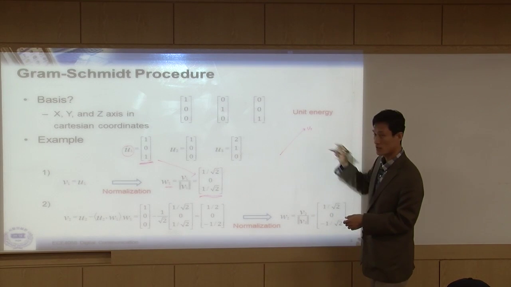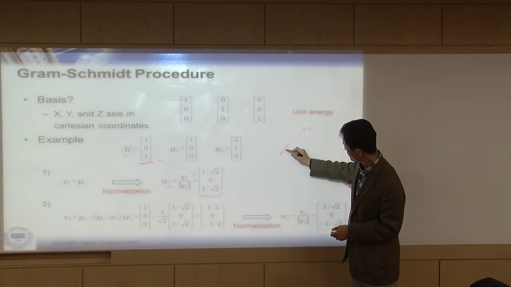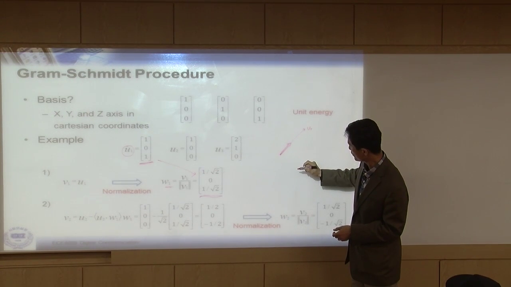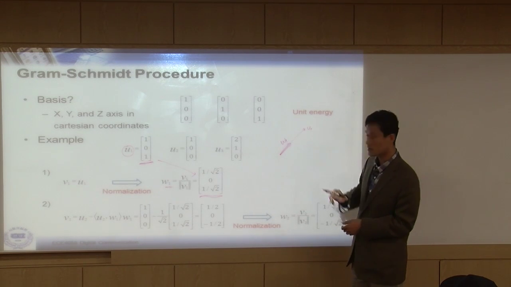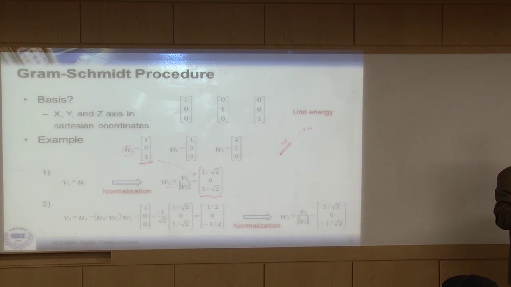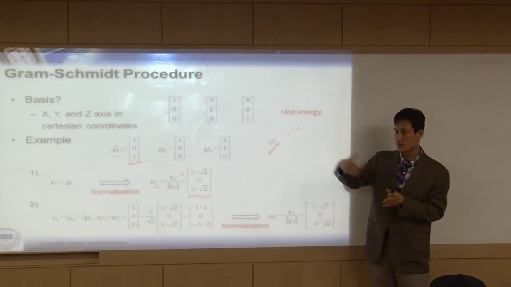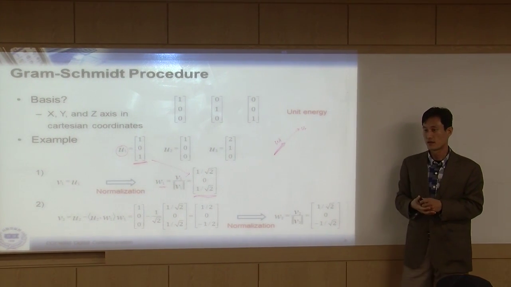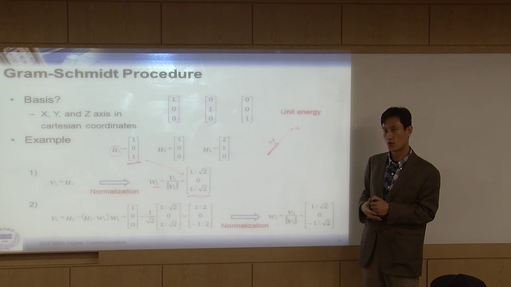Let's say U1 is this vector, and W1 goes in the same direction, but it has amplitude 1, or power 1. W1 and U1 are going in the same direction. It's the same vector; U1 is simply an extension of W1. W1 has power 1, or norm 1.